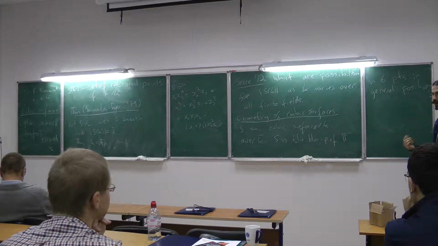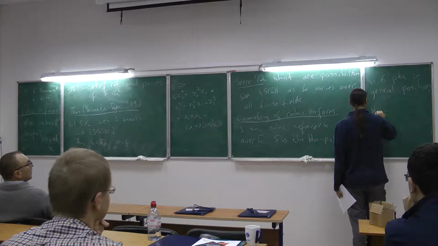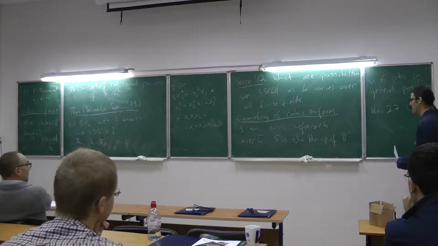General position means no 3 are aligned and no 6 lie on a conic. And it has 27 lines, a famous classical theorem.